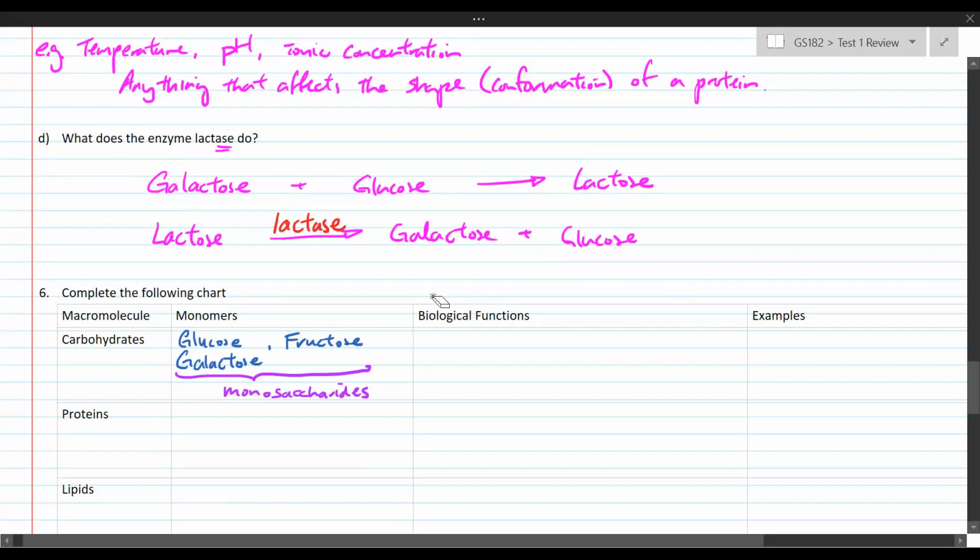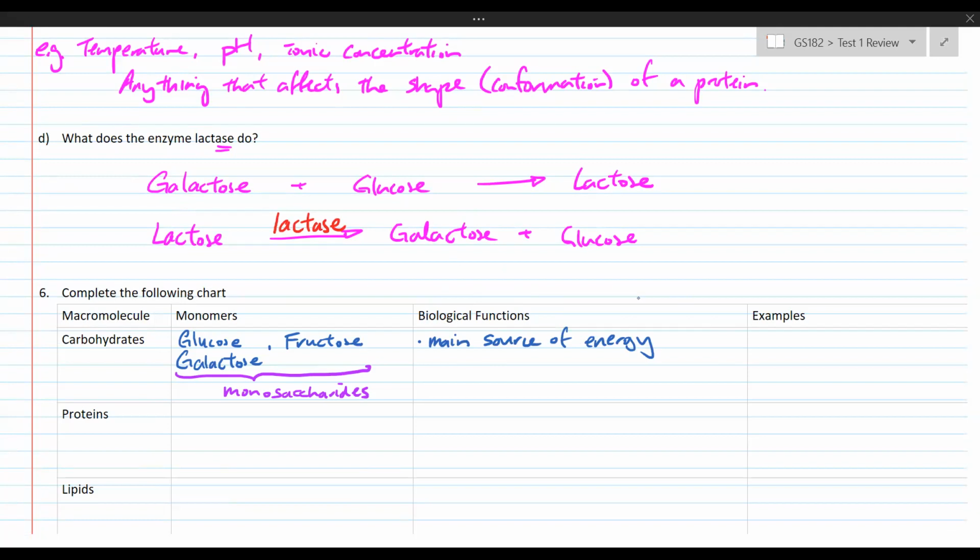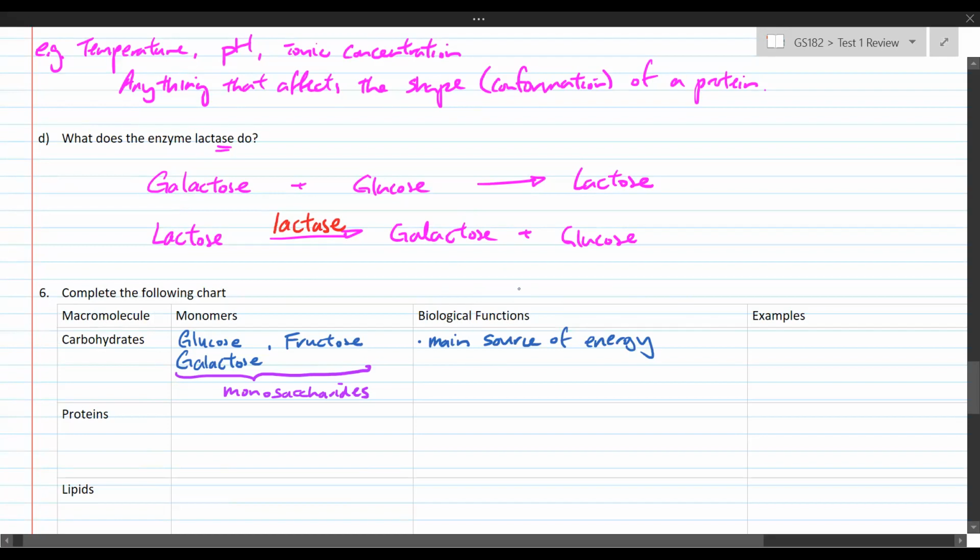So biological functions: main source of energy. We spent a whole lecture talking about how our body metabolizes glucose to produce ATP. So carbohydrates are made up of glucose, the main source of energy.